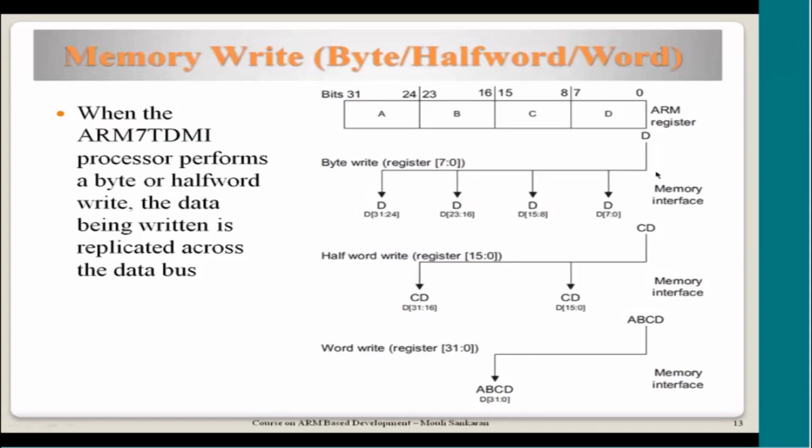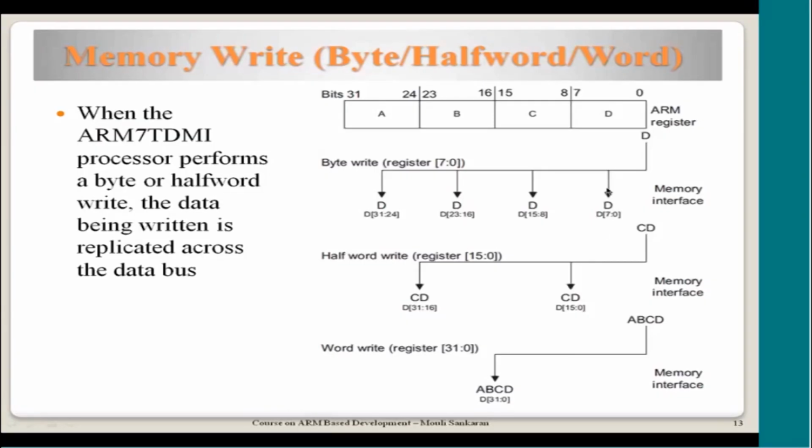But if the processor is writing one byte, it takes that particular byte of the register and copies the same byte onto all 4 bytes of the data bus and writes it.